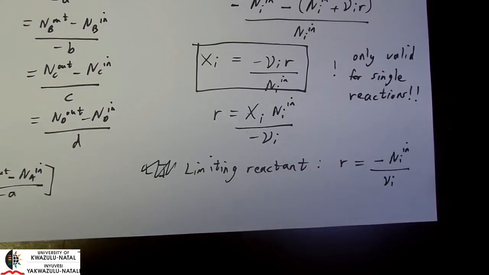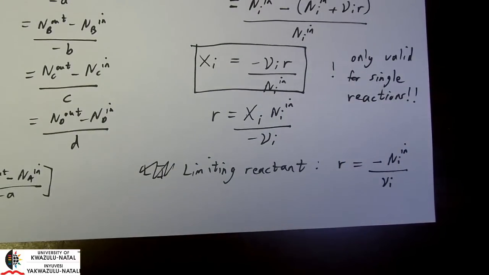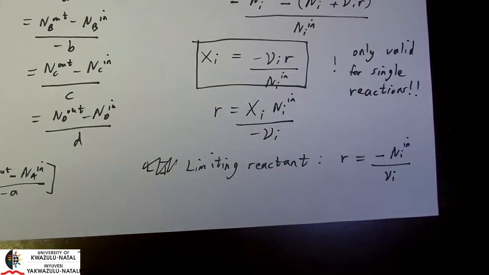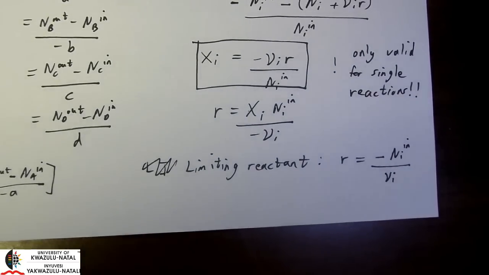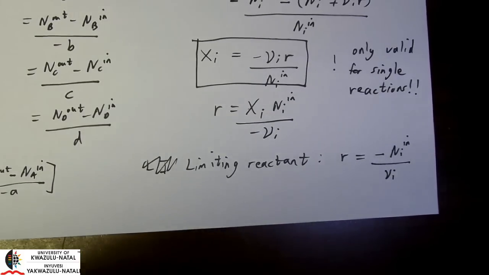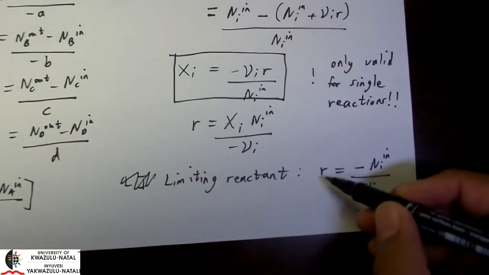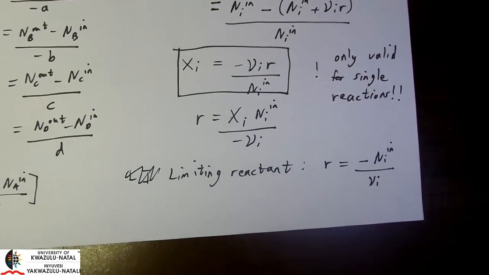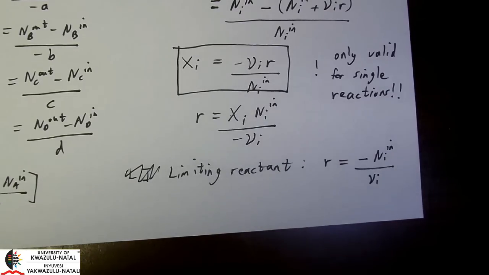The species that has the smallest R value implies that the feed is low in content, but the stoichiometric coefficient is relatively high. Therefore, that reactant will be converted completely. It will be used up. It's the limiting reactant. So whichever R is the smallest, that will be the associated limiting reactant.